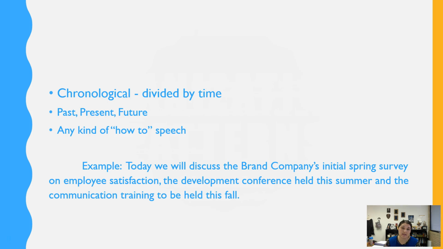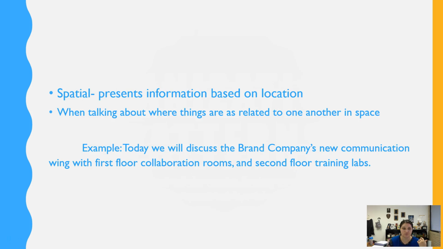So it is going to be separated time-wise, right? If you're going to give an informative speech about your favorite artist, you might say, I'm giving an informative speech about their early years, their rise to fame, and where they are now, right? So that would be chronological.